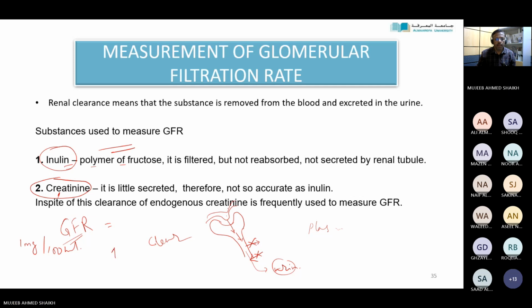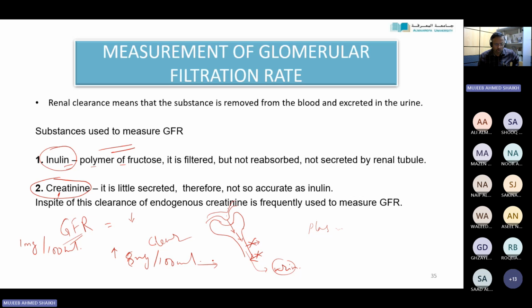If creatinine increases, let's say to 5 or 8 milligram per 100 ml, that means the substance which was supposed to be cleared is not cleared. That's why it increases in the blood, and it indirectly shows you the GFR or filtration.